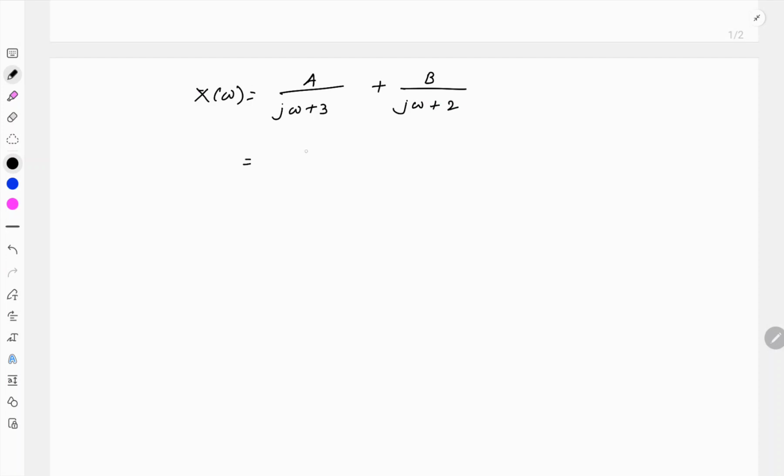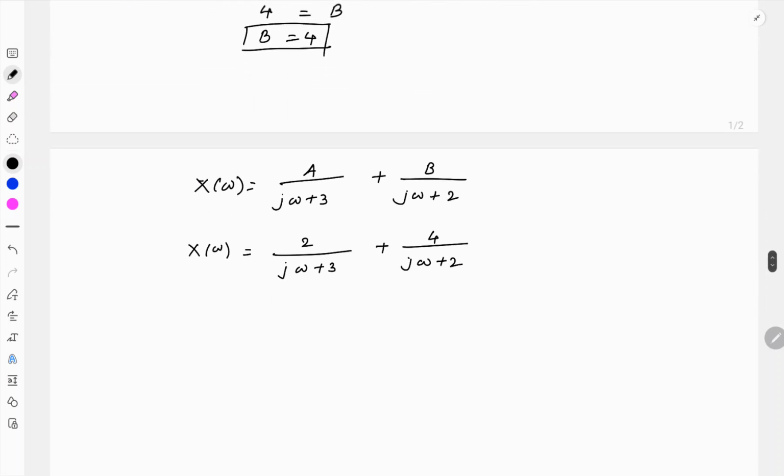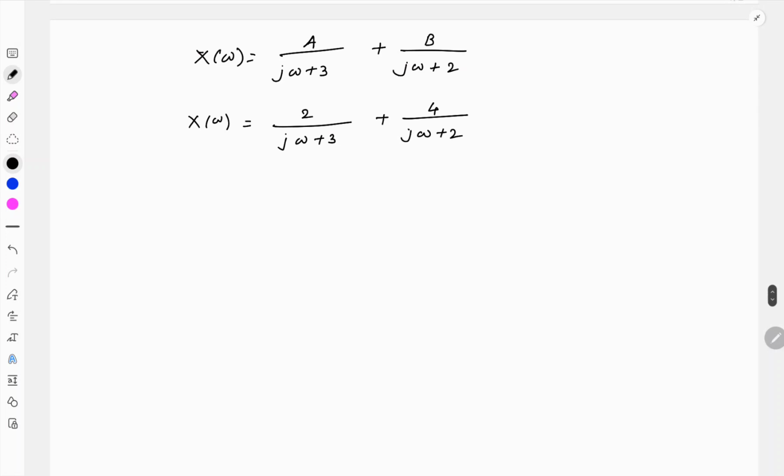In this case A is 2, upon jω plus 3, and B is 4, upon jω plus 2. This is our X of ω. And now we are supposed to find out its inverse.